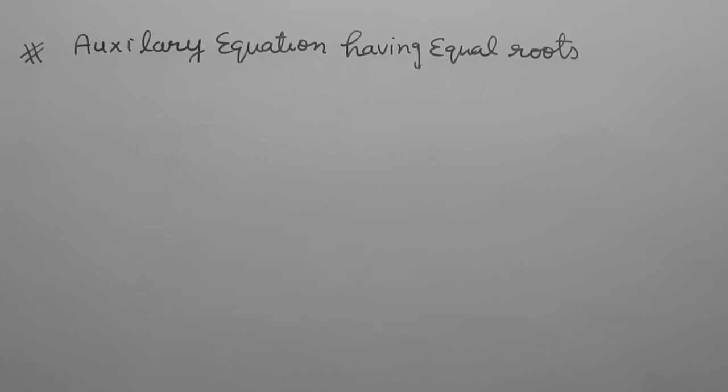In the previous video, you have seen the case where the roots of the auxiliary equation are all distinct. Now we take the case where the roots of the auxiliary equation are equal.